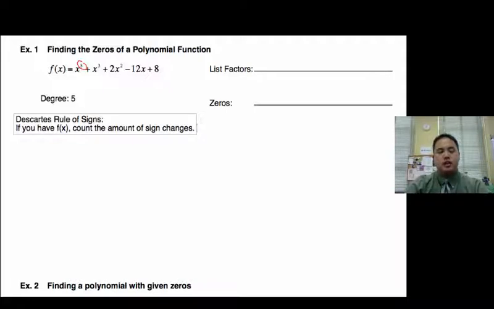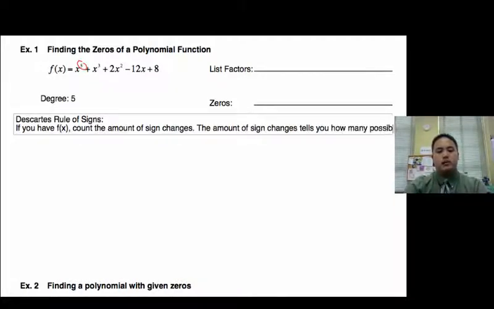The number of sign changes tells you how many possible positive solutions there are.